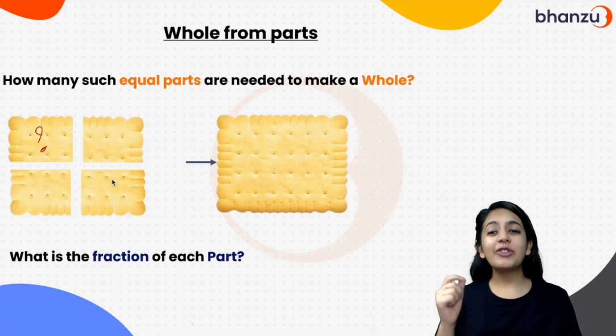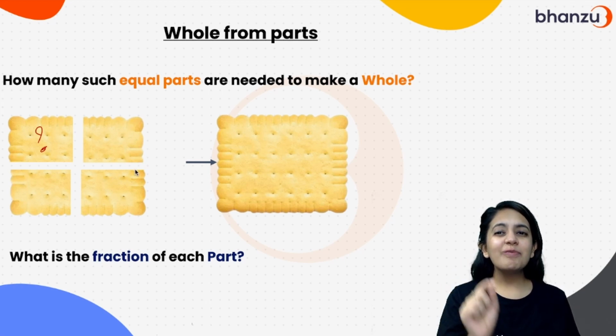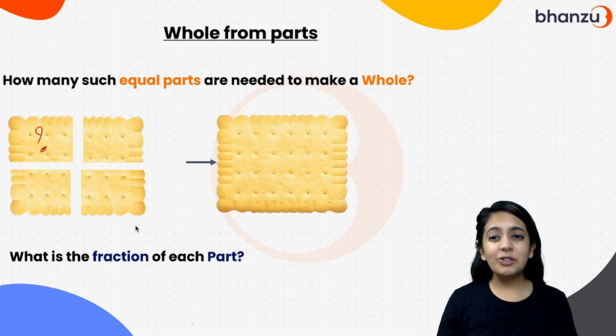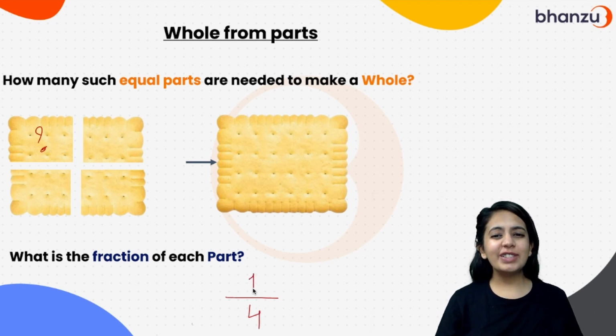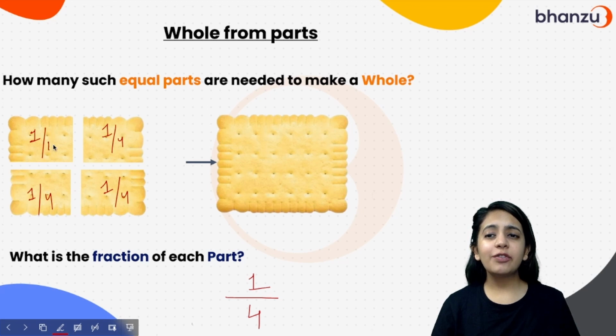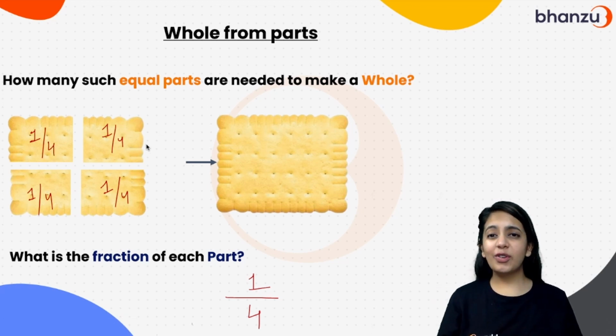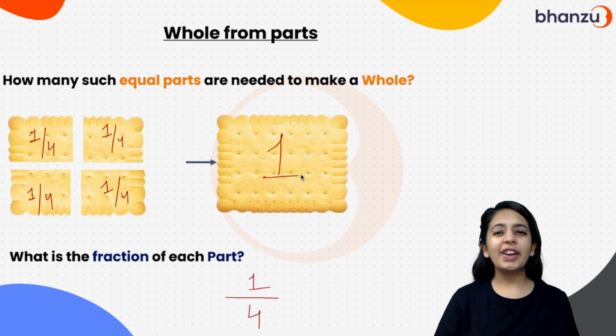So now tell me the fraction of each part over here. For that, you have to tell me how many equal parts it is divided into. Did you say 4? So 4 is the denominator. Okay, and since I'm talking about just 1 part, so it's 1 out of 4 or 1/4. So the fraction of each part over here is 1/4. And when you join 4 equal parts of 1/4 together, we are going to get 1 whole.